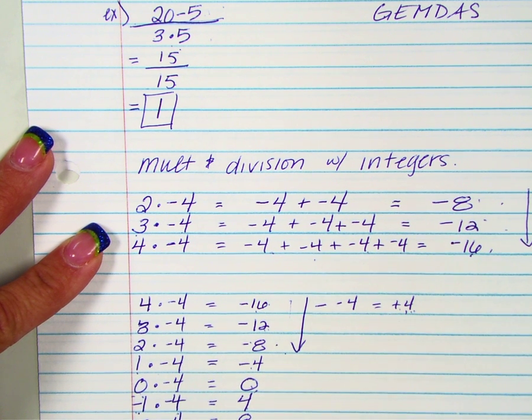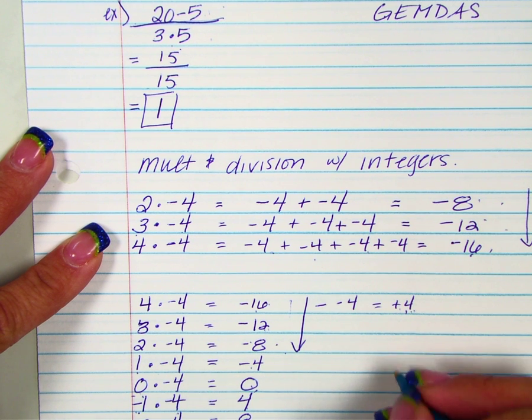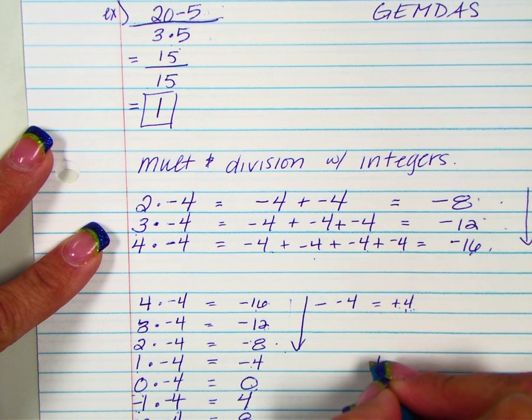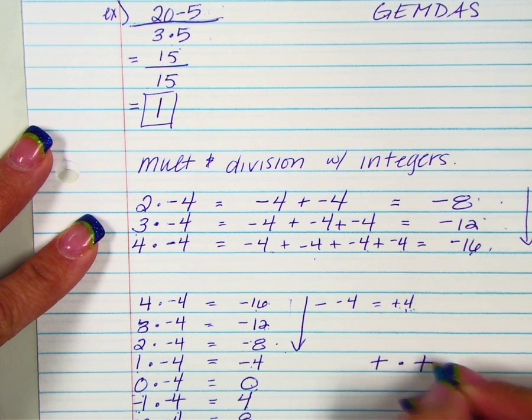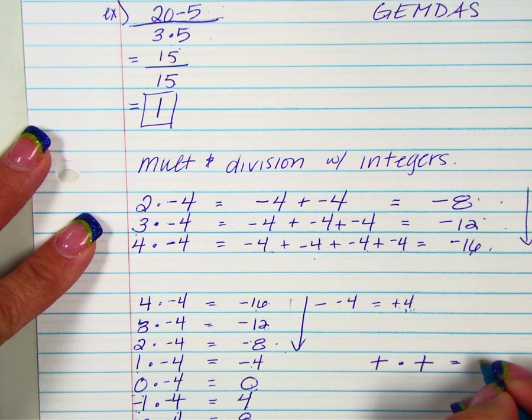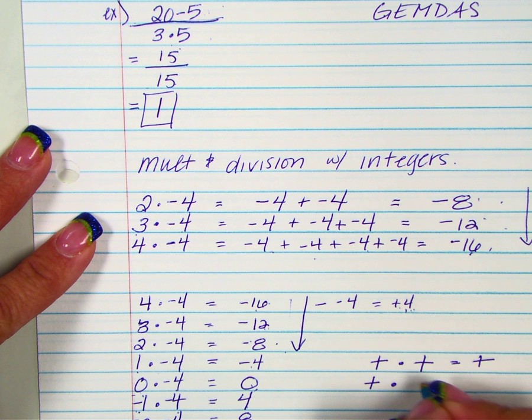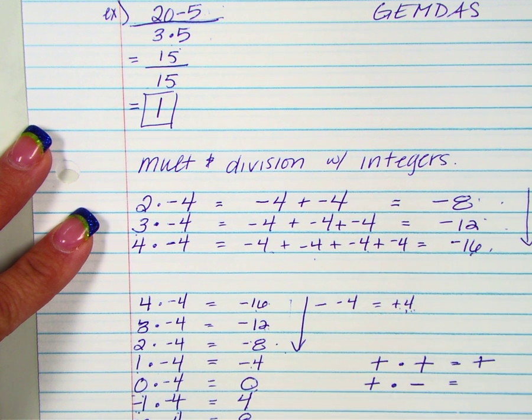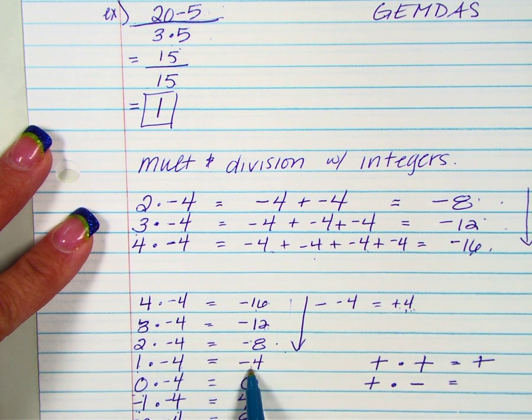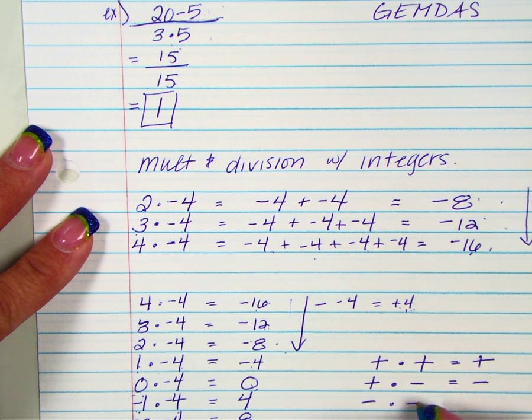So we have some rules. When we're multiplying, a positive number times a positive number is going to give us a positive answer. A positive number times a negative number, like in this case, positive times a negative gave us a negative answer. And a negative number times a negative number is going to give us a positive number.